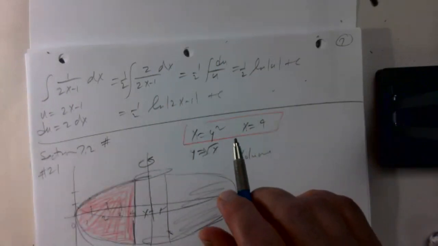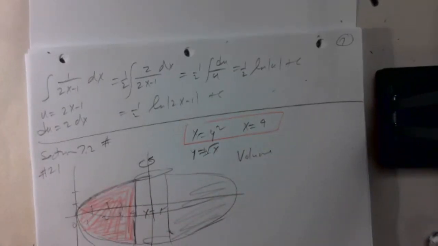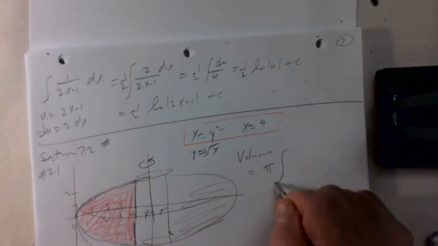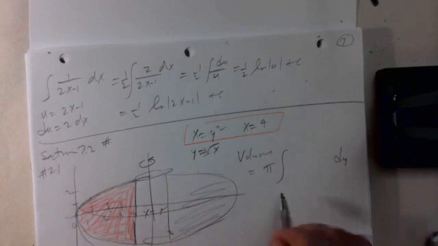So we want to look at sections. The volume is going to be pi times an integral with respect to y from -2 to 2.